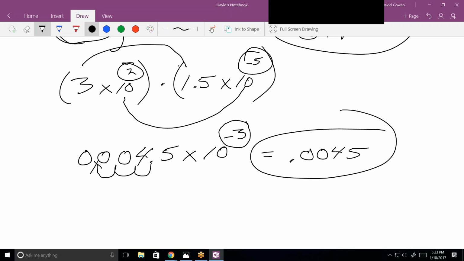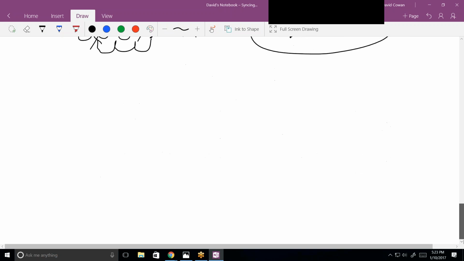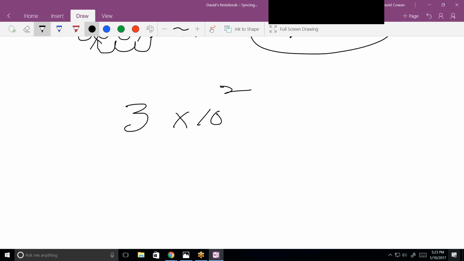So let's take another example just to make sure you understand. What is this number? 3 times 10 squared. It would just be 300. Right.